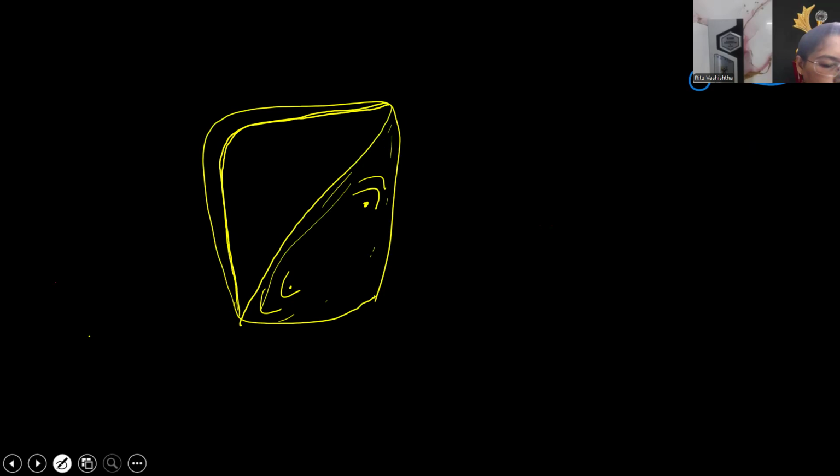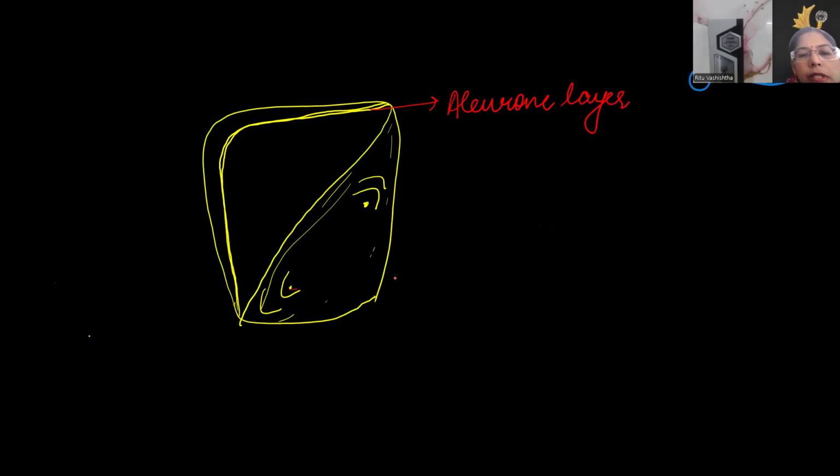This single cotyledon is the scutellum. This is like a maize seed. Here there is presence of a layer, and that layer is known as the aleurone layer. This is the aleurone layer. This is the radicle. The protecting structure for the radicle is coleorhiza.